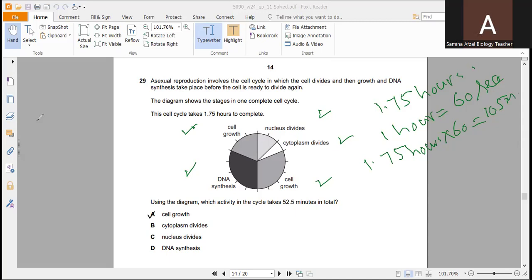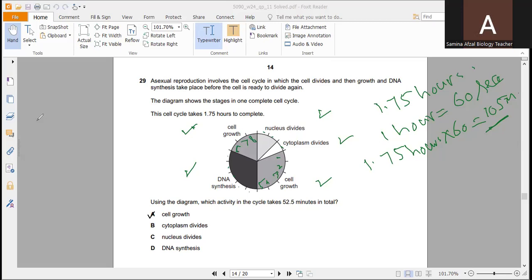Then, according to this 105, we have to calculate. If we count 1, 2, 3, 4, 5, and 2, 1, 1, 2, 3, 4, 5, 6, 7, 8.